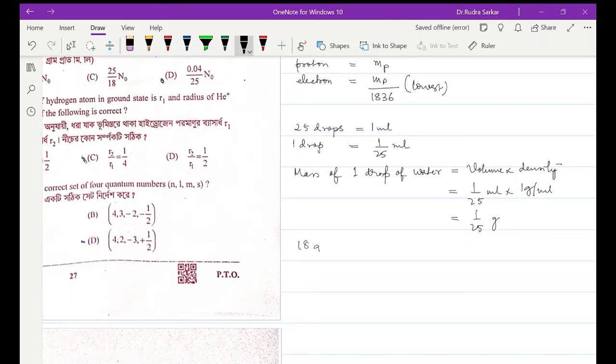We know that 18 gram of water equals N0 molecules of water.